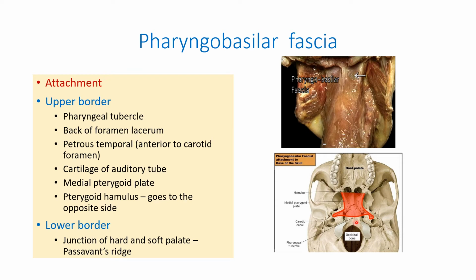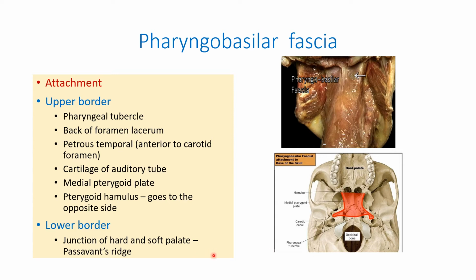Then it is attached to the back of the foramen lacerum, then the petrous temporal bone in front of the carotid foramen. Then it is attached to the cartilage of the auditory tube, the medial pterygoid plate and the pterygoid hamulus, and from there it goes to the opposite side. That is the attachment of the upper border of the pharyngobasilar fascia.